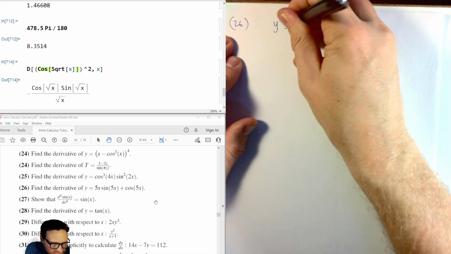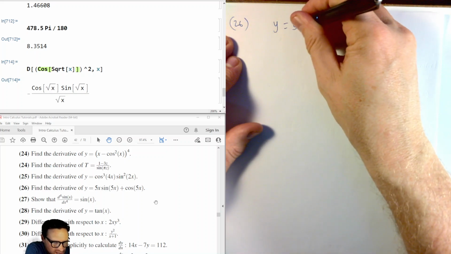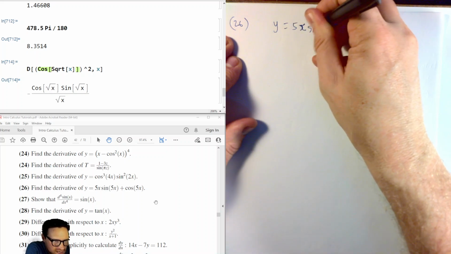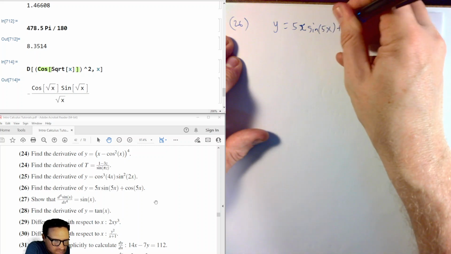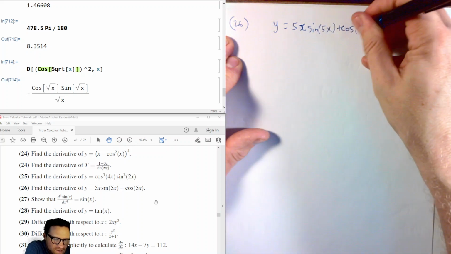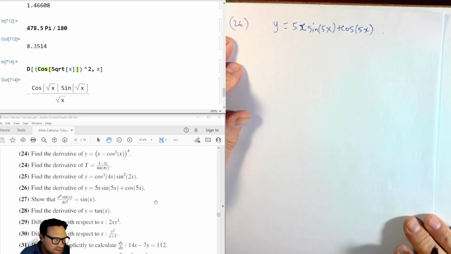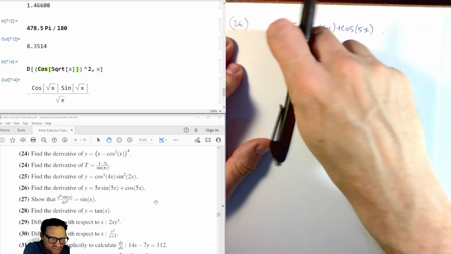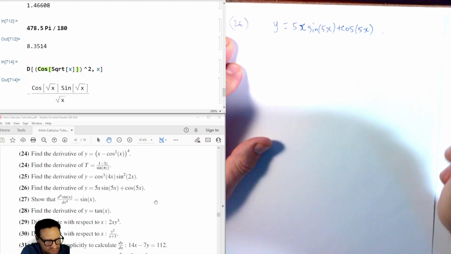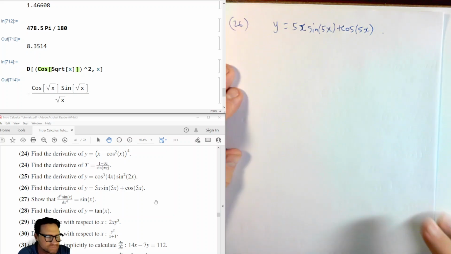Y is equal to 5x sine of 5x plus cos of 5x. Okay, so we've got a sum of two things, but we can see we'll need both the product rule and the chain rule to do this.